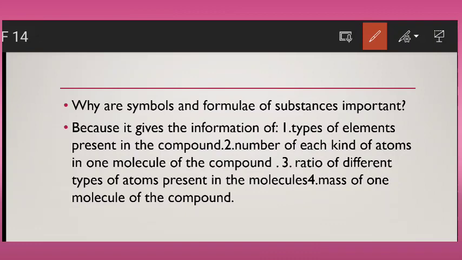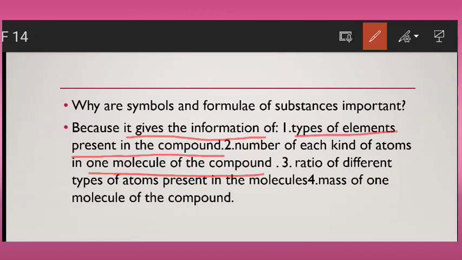Why are symbols and formulae of substances important? The first important thing is that it gives the information of types of elements present in the compound. And second, the number of each kind of atom, means number of atoms present in one molecule of the compound. Just now I have discussed that H2.